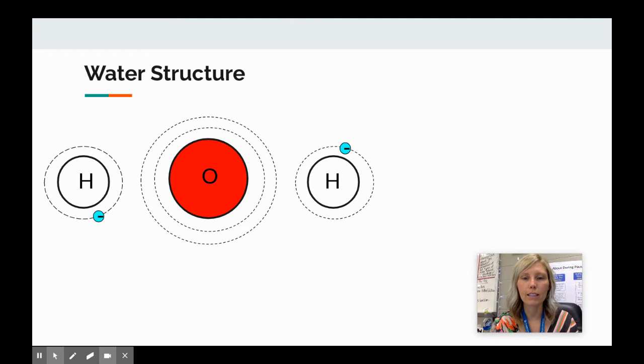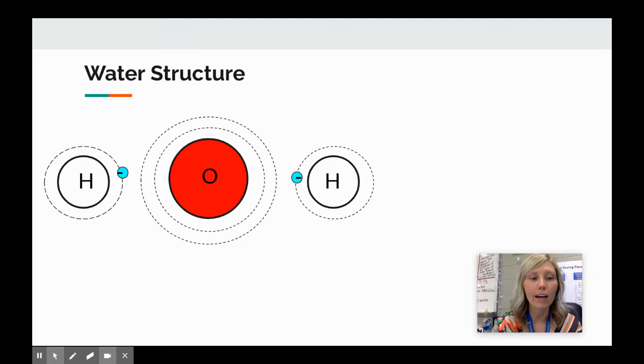So you'll see this negatively charged electron that is circling around the hydrogen atom. And the motion of those electrons are actually a source of energy. It's why electronics work, and it's also why our nervous system functions, and it also contributes to cell respiration and photosynthesis, so it's kind of a big deal.